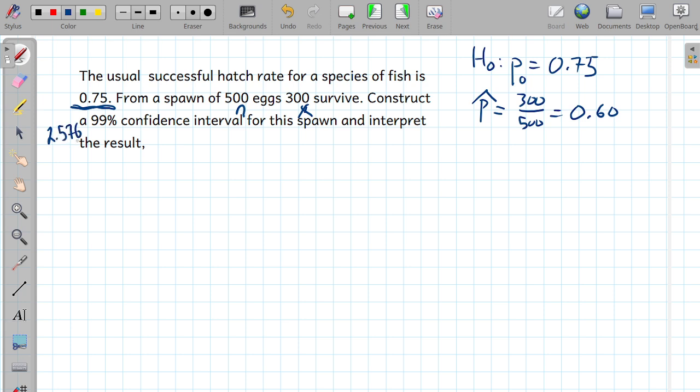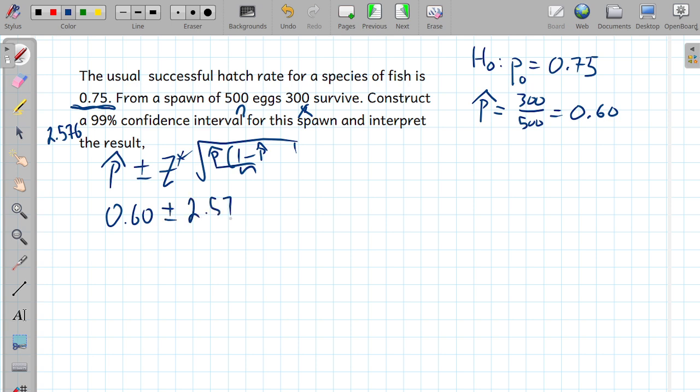That's a table lookup from Z. Let's write this out. Same as before. Here's p hat, plus and minus, our critical value. That'll be Z star. And we have the square root of p hat times 1 minus p hat over n. P hat was 0.6. This is 2.576.